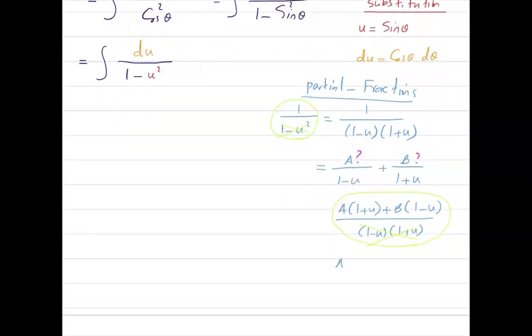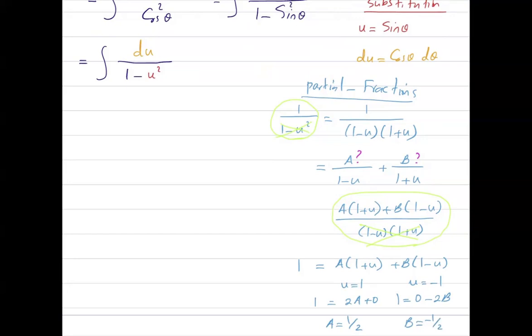So far we have a times 1 plus u plus b times 1 minus u equals 1 on the other side. Remember the trick that we used. If u is equal to 1, then you have 2a plus 0 equals 1, so a is a half. If you use u equal to negative 1, then you have 0 minus 2b equals 1, so b is negative a half.